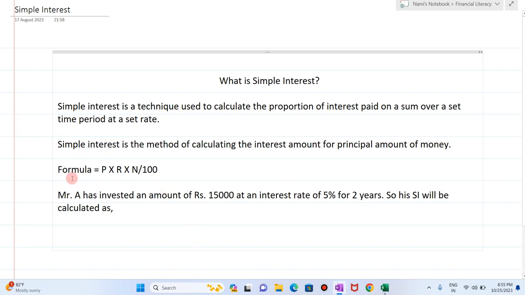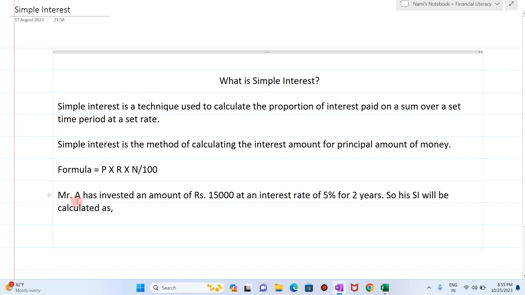Here is the formula to calculate simple interest: P into R into N divided by 100. P stands for the principal, R stands for rate of interest, N stands for number of years, and divided by 100. Now this is the example.